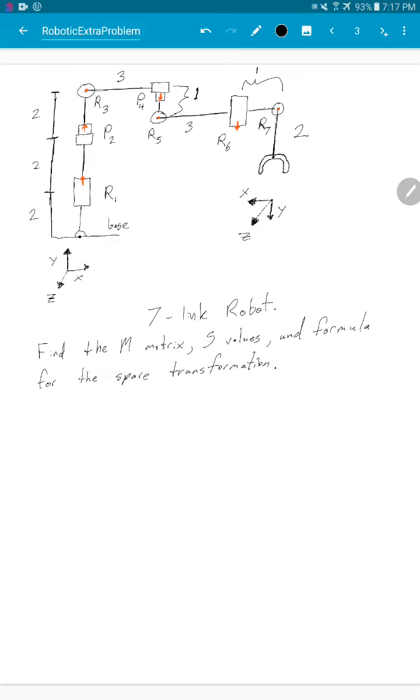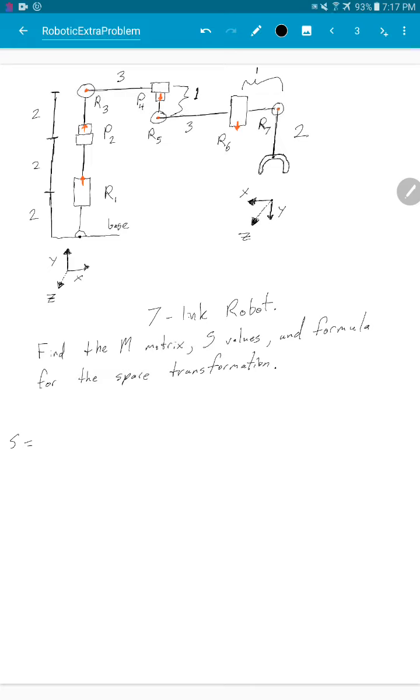Okay, so in order to find the S values, the first thing I did is I labeled each one of the joints either R for revolute or P for prismatic, and then the number of the joint next to it.